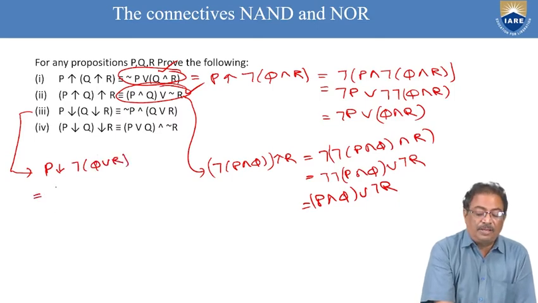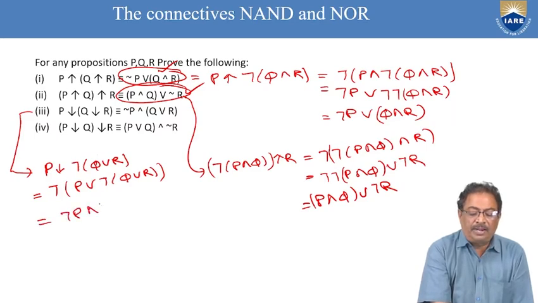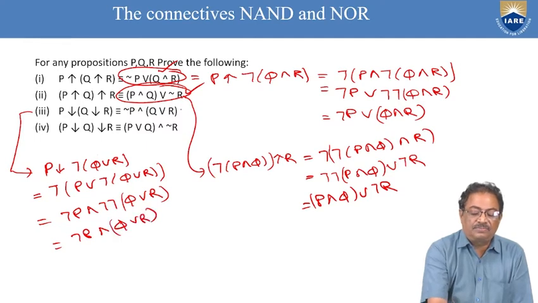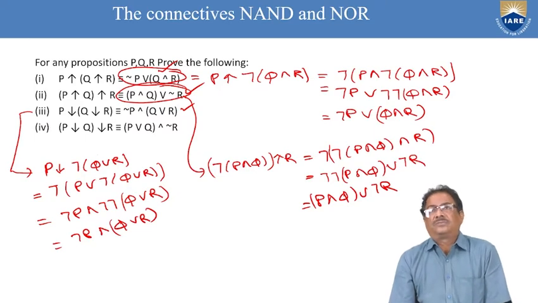Once again this will become negation of P and double negation of (Q or R). So which is negation of P and (Q or R). Which is this.